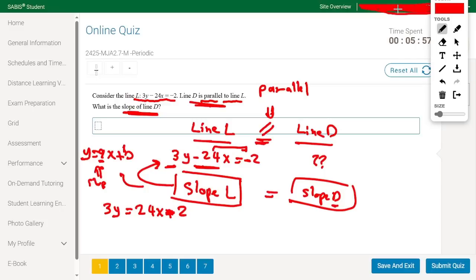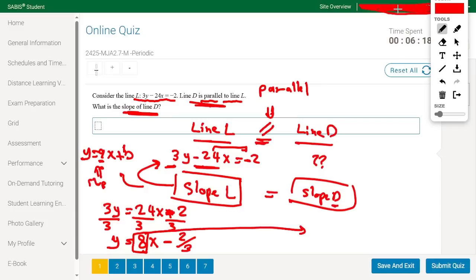So now divide by 3. So y will equal 24 divided by 3 is 8x minus 2 over 3. Now the slope of this line is 8, so the slope of line D is 8 also, because the two lines are parallel. So the slope of D will be 8.